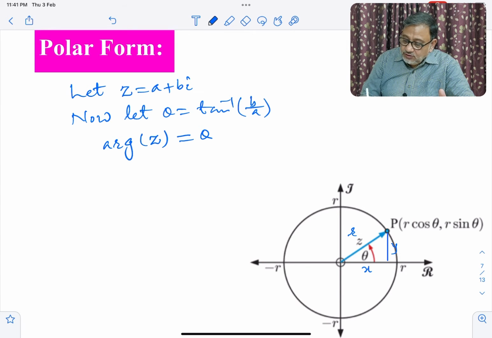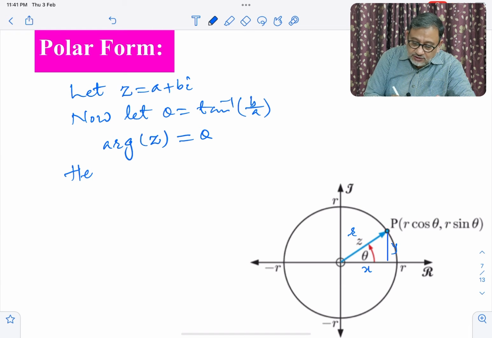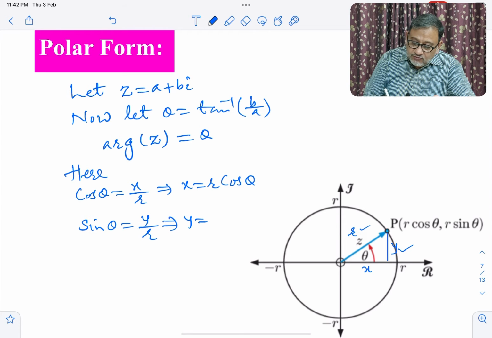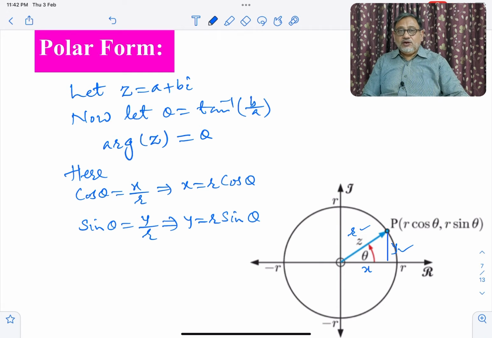Cos theta is given by x upon r, so x is equal to r cos theta. Sin theta is y upon r, opposite upon hypotenuse, so y is equal to r sin theta. So you get the x and y coordinates of the point P, which represents z, as r cos theta and r sin theta.